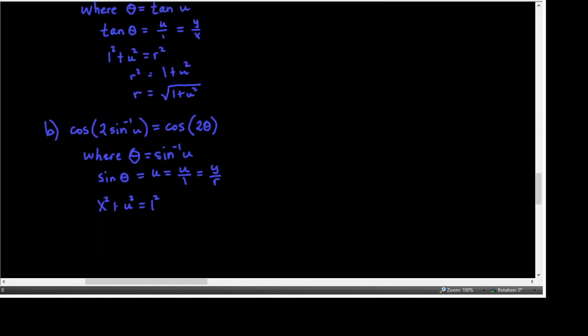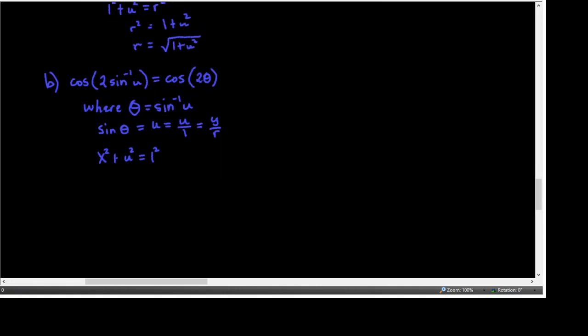We can solve for x. X squared is going to be 1 minus u squared. So x is plus or minus the square root of 1 minus u squared.